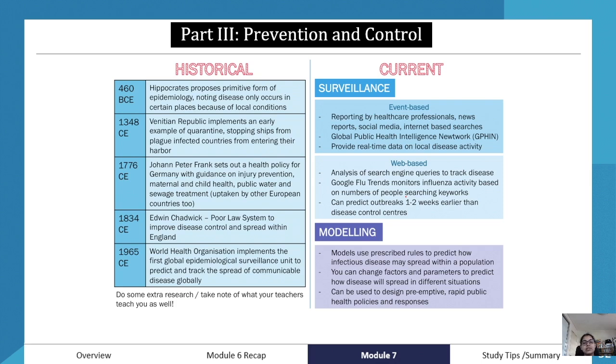Hippocrates proposes a primitive form of epidemiology, noting diseases only occur in certain places because of local conditions, and that is then developed upon from 460 BCE all the way to 1965, when the World Health Organization implements the first global epidemiological surveillance unit to predict and track the spread of communicable diseases globally.